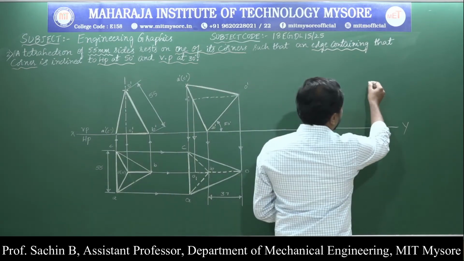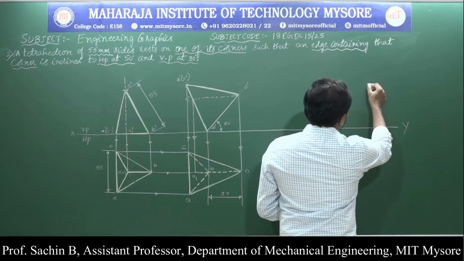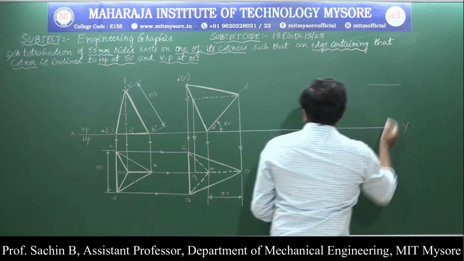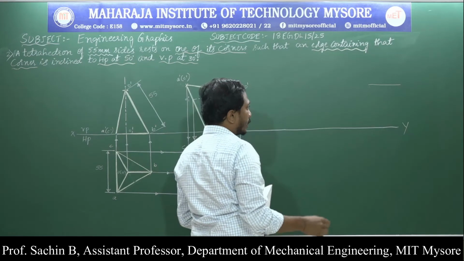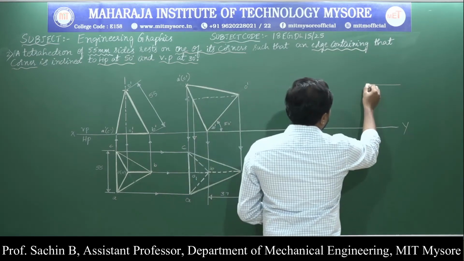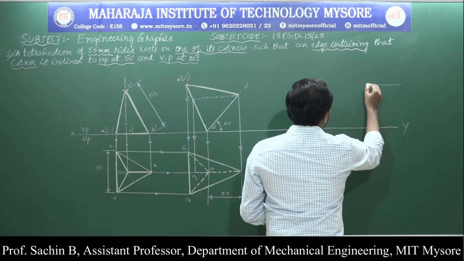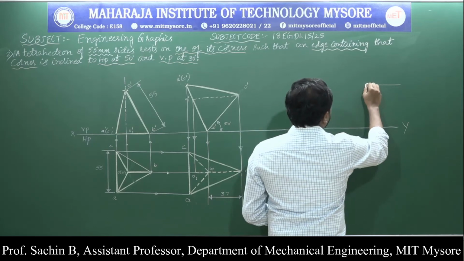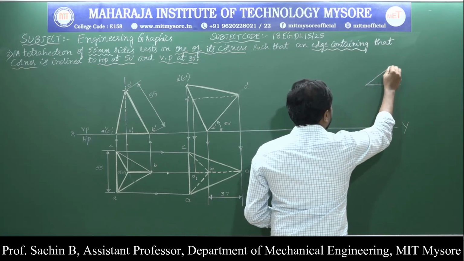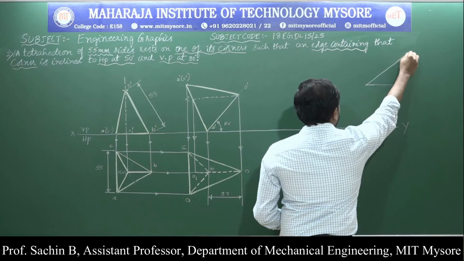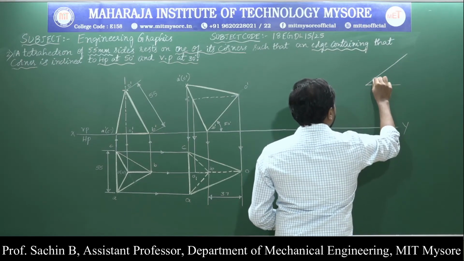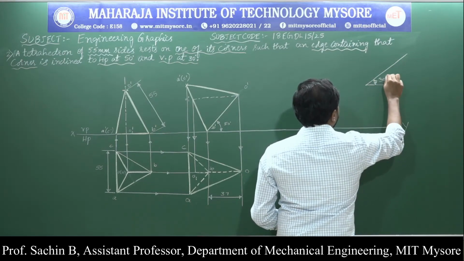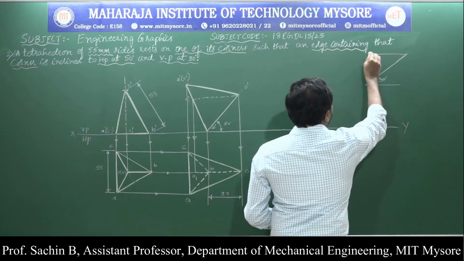For that, first I am going to draw the locus. I am drawing the locus line of given length, first, whatever length is given. I will go for drawing an inclination of 30 degree for the given length, that is nothing but 55 mm. Next I am going to draw one more locus here.